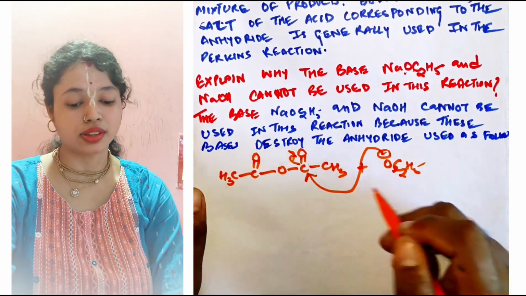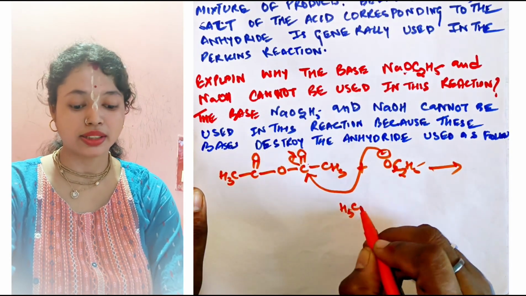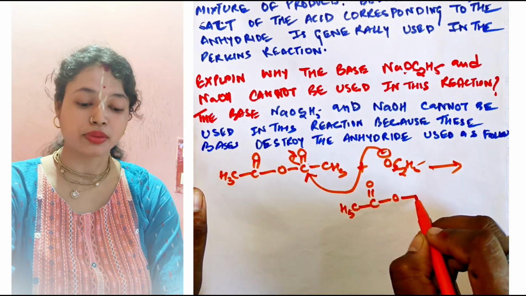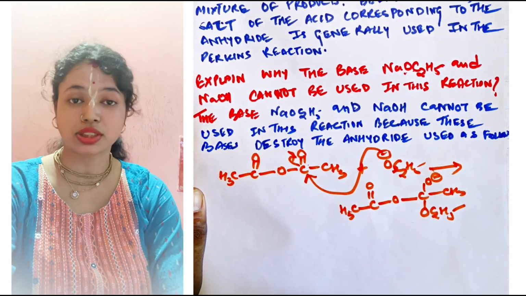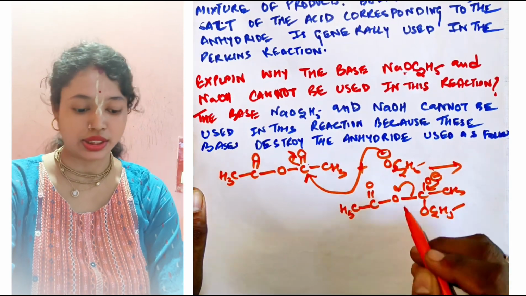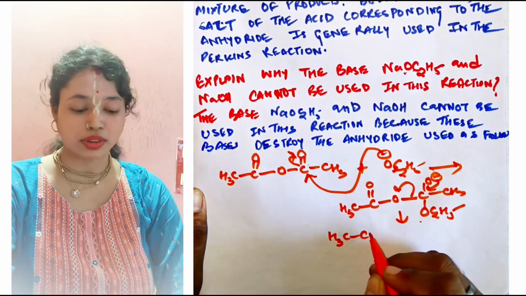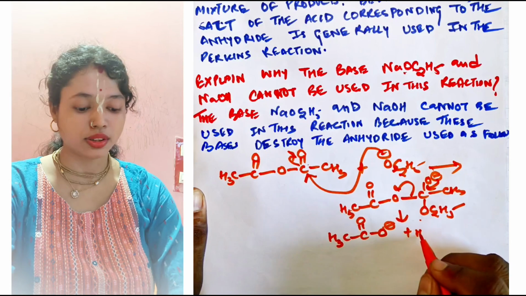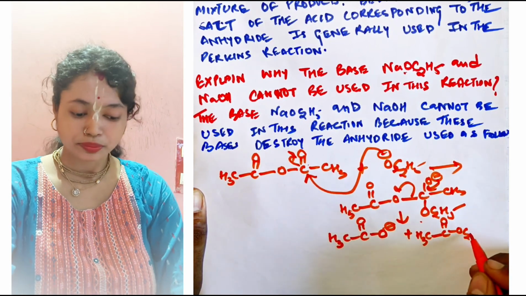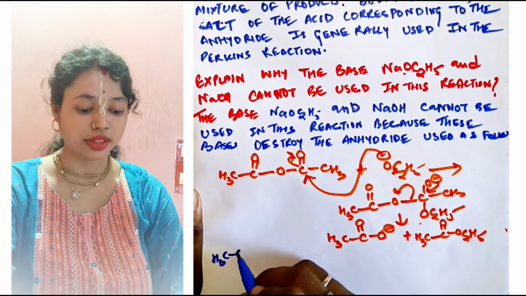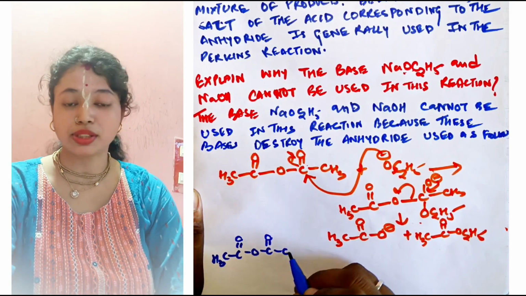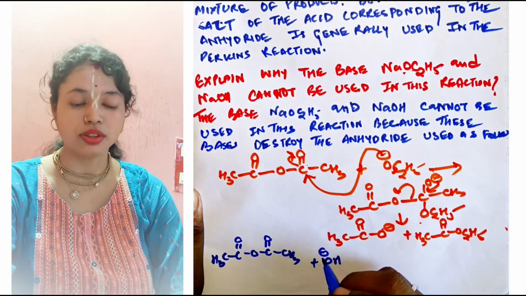It will attack the electron deficient carbon of the anhydride, and you can see the kind of product it is forming. So two different anhydrides are formed in this kind of reaction, so this kind of base we are not going to use in the Perkin reaction.